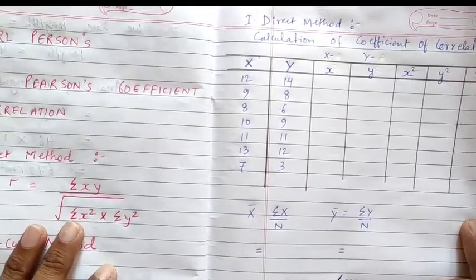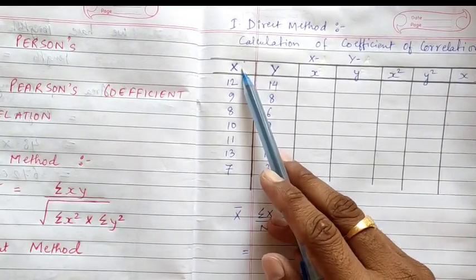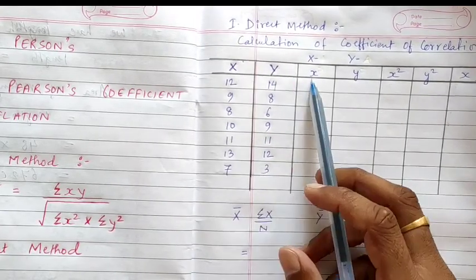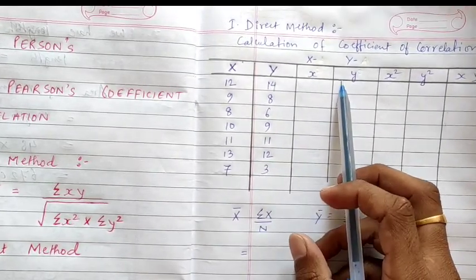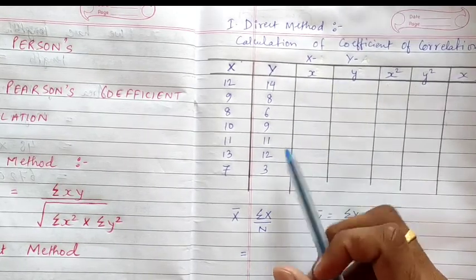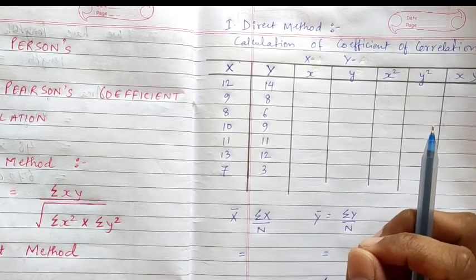Clear? So let us see this question. In this question, capital X variables are given and capital Y variables are given. We need to find small letter x and small letter y. If you are able to find them, we can easily find the values required to solve this question.